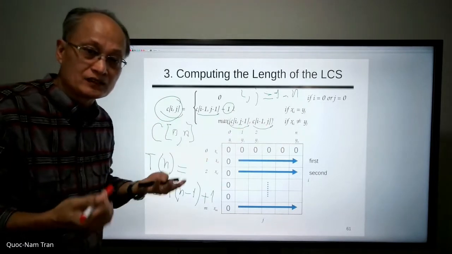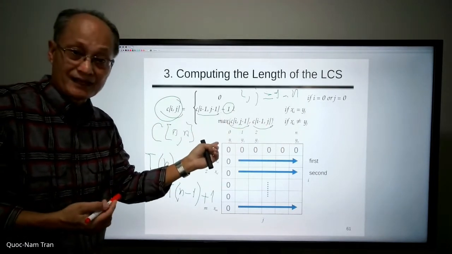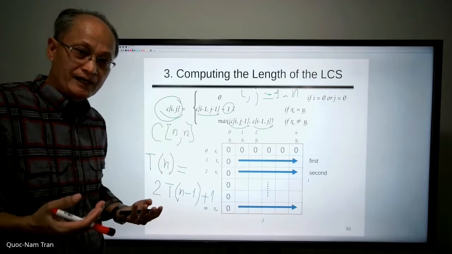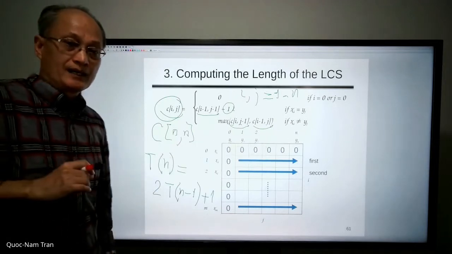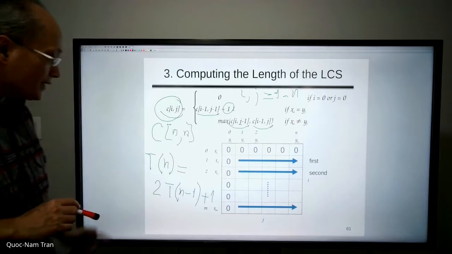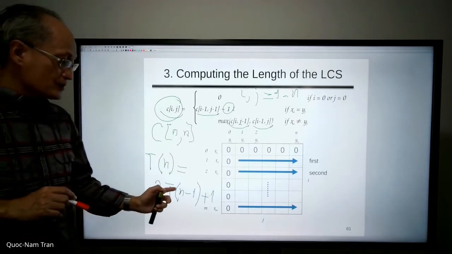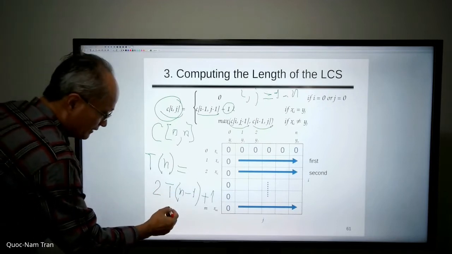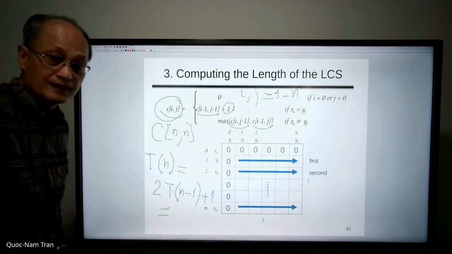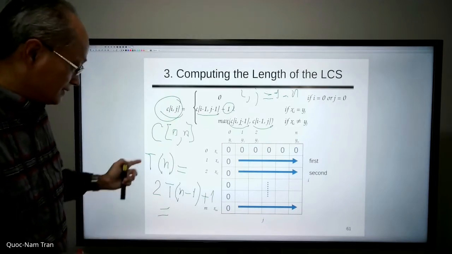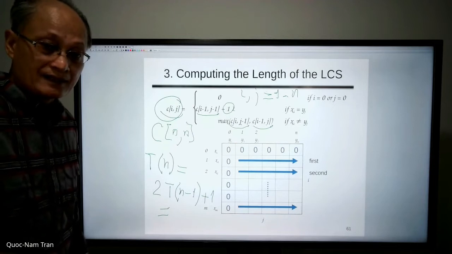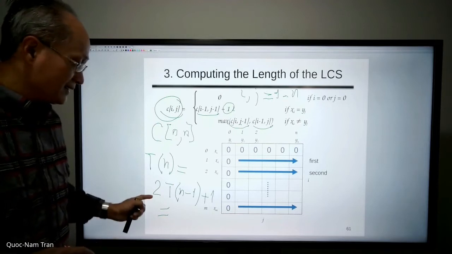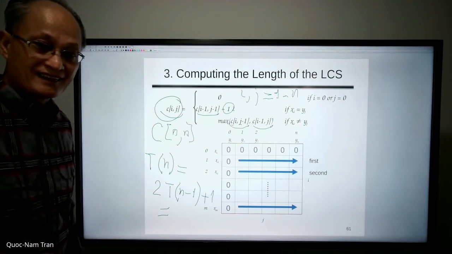We can assume the two sequences have the same length; if not, we just add dummy values to the shorter one. Then both have the same length, right? So we have T(n) equals 2 T(n minus 1) plus 1. Then how can we solve T(n) here? What is T(n)?